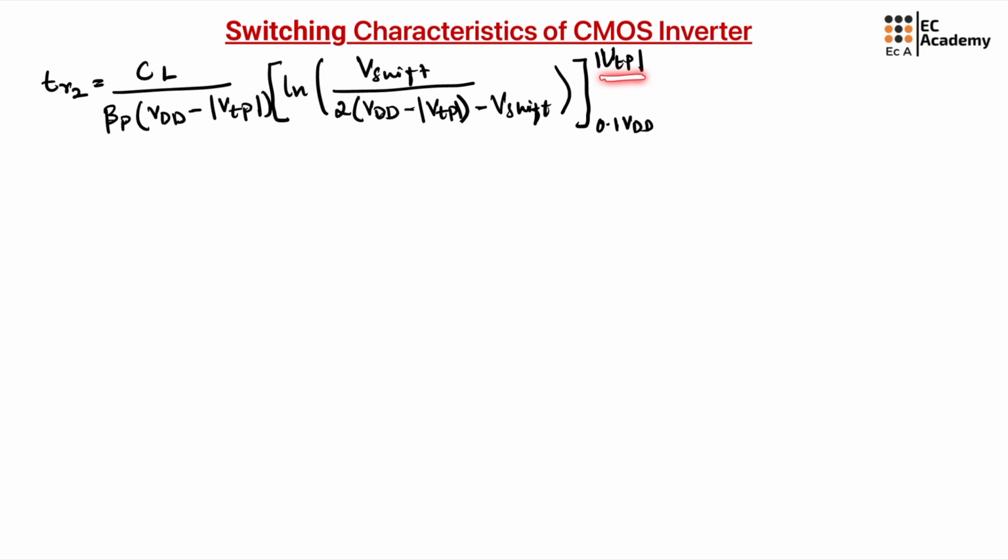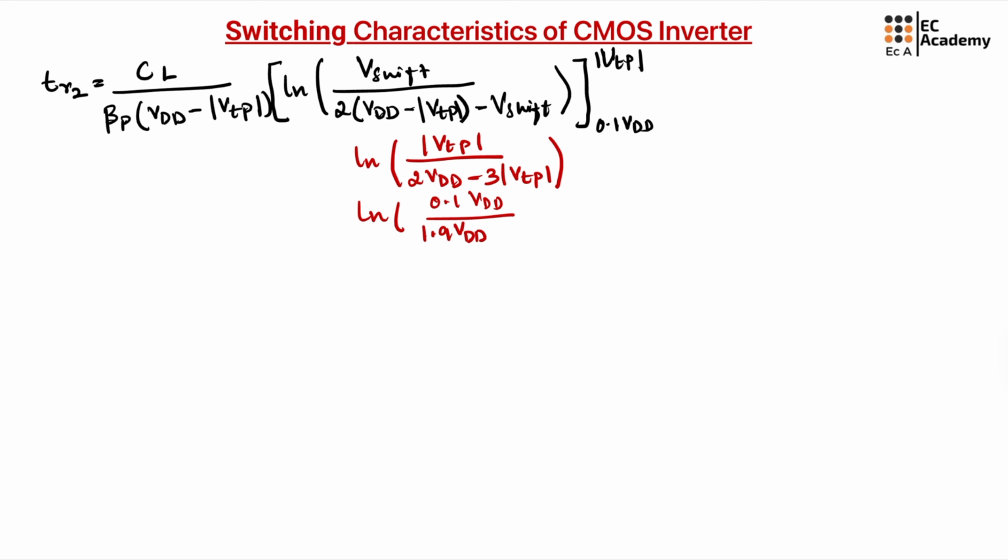So if you apply V shift is equal to absolute value of VTP in the above equation, we will get ln of absolute value of VTP divided by (2 VDD minus 3 absolute value of VTP). And if we apply the lower limit 0.1 VDD in place of V shift, we will get the lower limit as ln of 0.1 VDD divided by (1.9 VDD minus 2 absolute value of VTP).